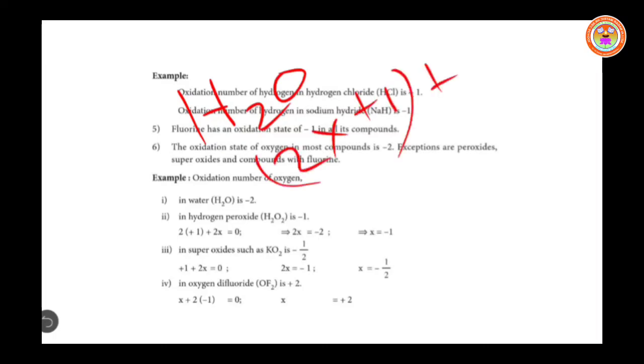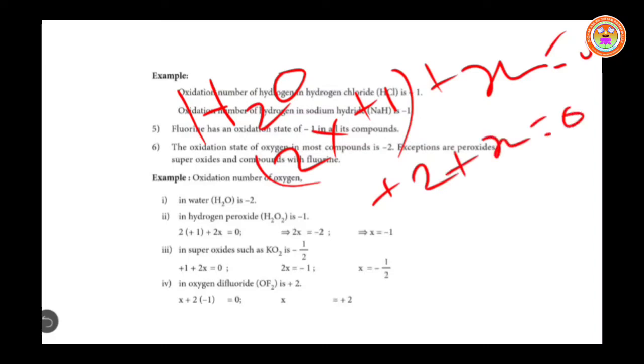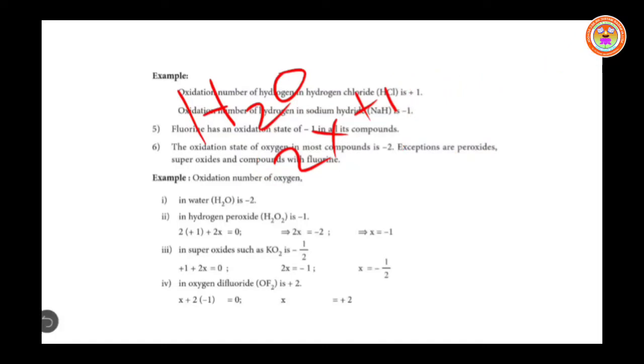Then let the oxygen be X, and the total is equal to 0. So 2 into plus 1 plus X is equal to 0. Therefore X is equal to minus 2. Understand, children? In most of its compounds, the oxidation state of oxygen is minus 2.